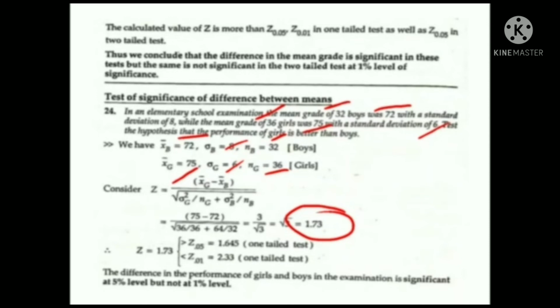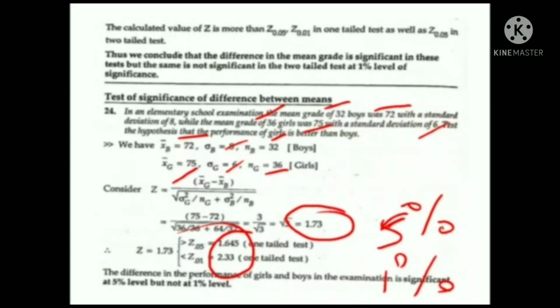And we have the critical values for Z under the one-tailed test under both the levels of significance you are supposed to consider. What are the two standard levels of significance, guys? 5% and 1%. I have already given you the values also in the table. You have to learn the values by heart because you can see here in the question they have not given the values.